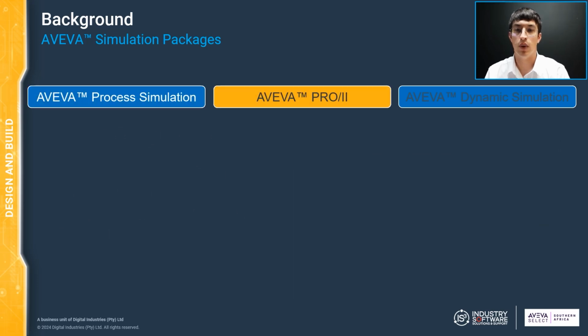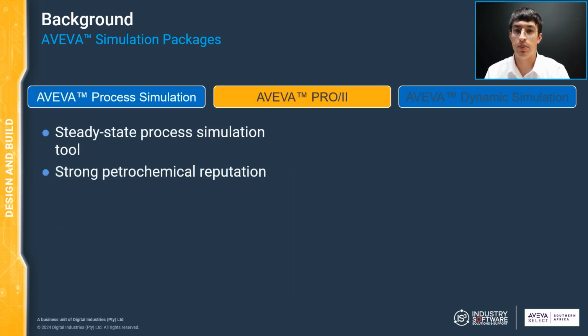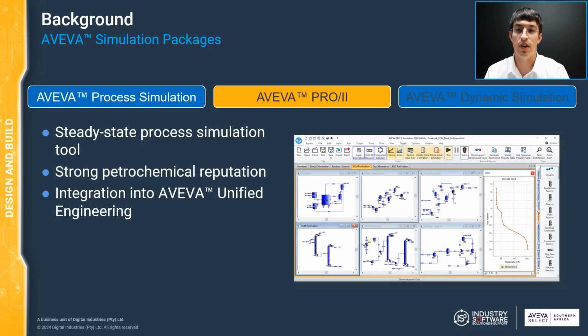Moving over to one of the best-known petrochemical simulation tools, AVEVA Pro/II Simulation. The software has been around for many years, and it is estimated that about 80% of all the distillation columns globally were designed using it. Pro/II is a steady-state simulator with a vast component and thermodynamic method library.